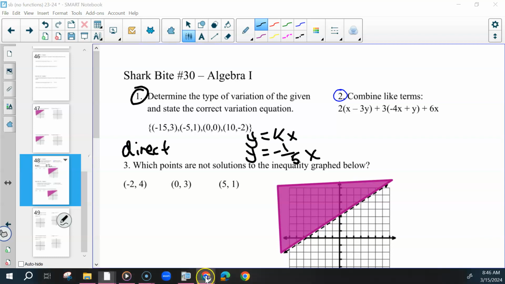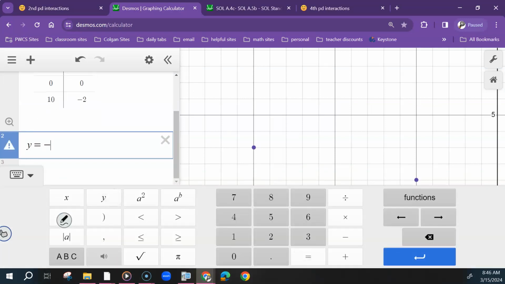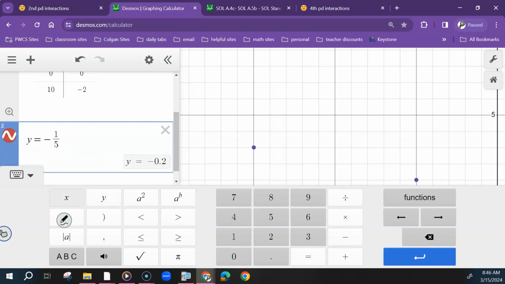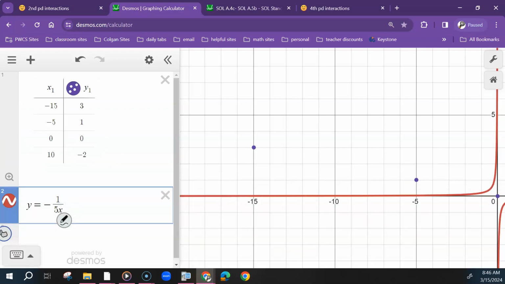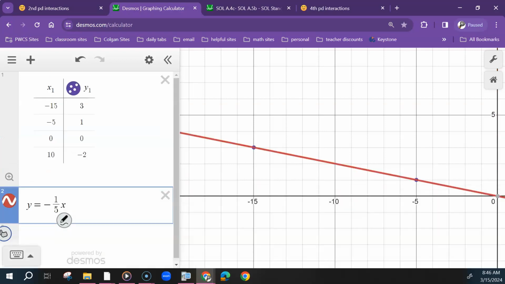So y equals negative 1/5 x. So use your points. If you were doing this algebraically, you would divide y by x, and then these 3 would give you negative 1/5, but this one would just tell you it's going through the origin. Questions on that one?